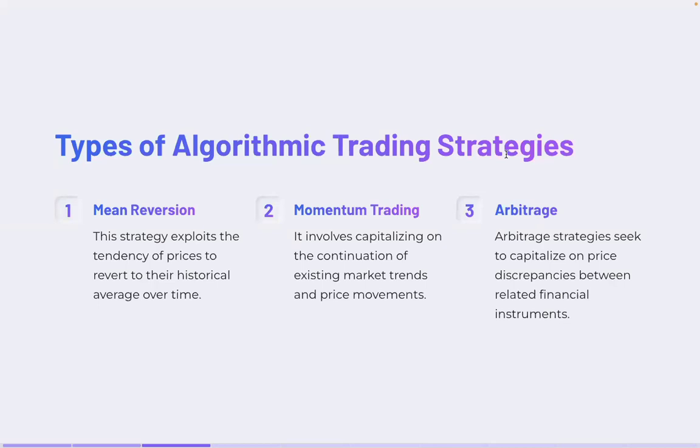The second one is momentum trading, very much utilized by scalpers or day traders during trading activity, because it involves capitalizing on the continuation of existing market trends and price movements.